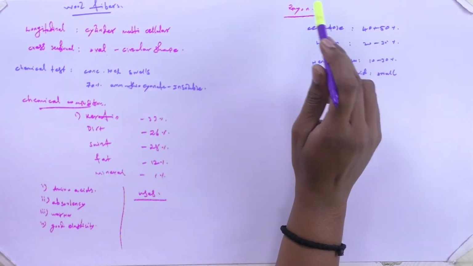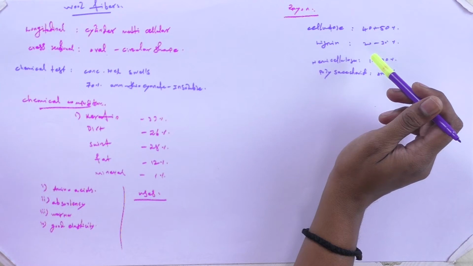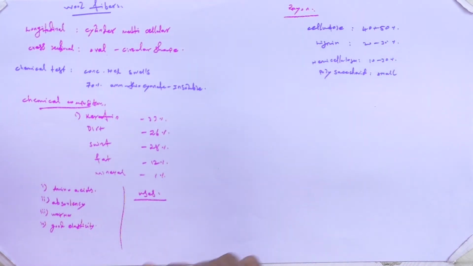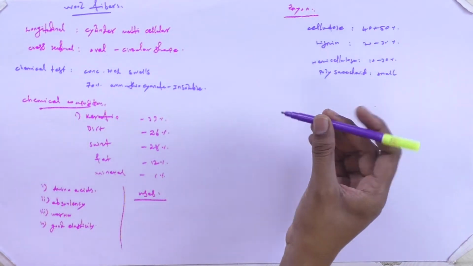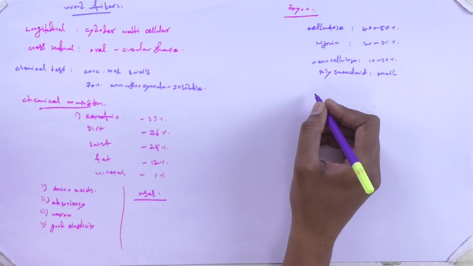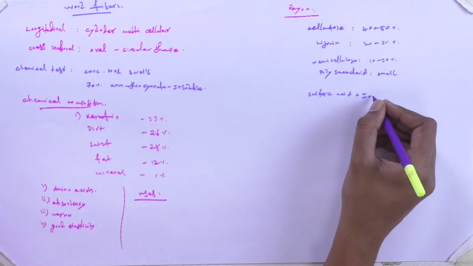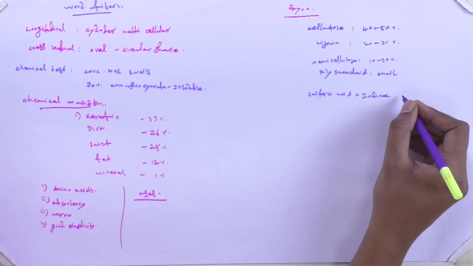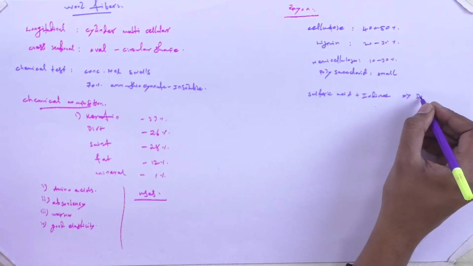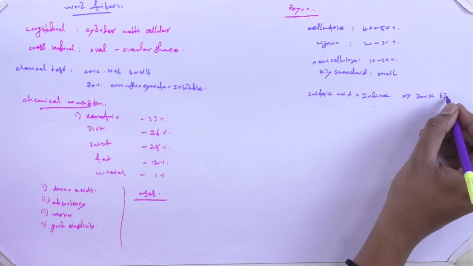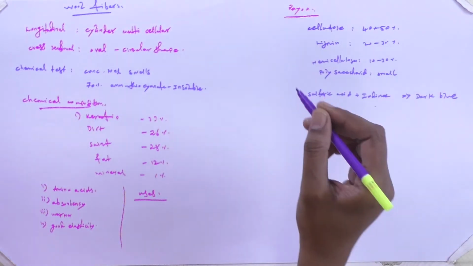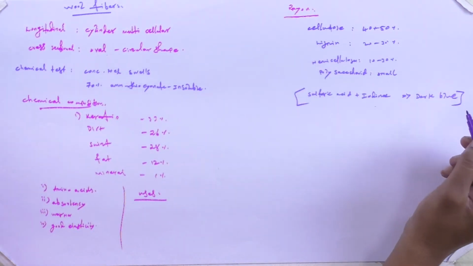Cotton fibers contain nearly 90% cellulose, and hemp and jute fibers contain 70% cellulose. Rayon is a derivative of cellulose, containing 40 to 50% cellulose. In the chemical test, sulfuric acid with iodine gives a dark blue color, which indicates rayon.